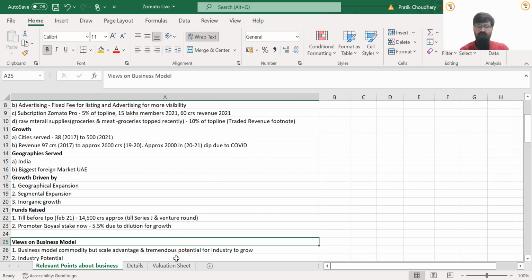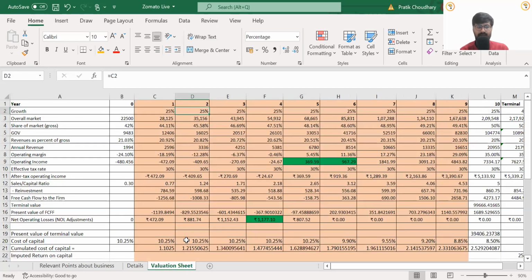The idea for this particular Excel format came to me by reading Mr. Aswath Damodaran's blog on Zomato. For people who don't know, Aswath Damodaran is a legend of valuations. You should definitely go and read his blog, Musings on Markets. He's a valuation and corporate finance professor at New York University's Stern School of Business, one of the best people in the market to understand valuations.